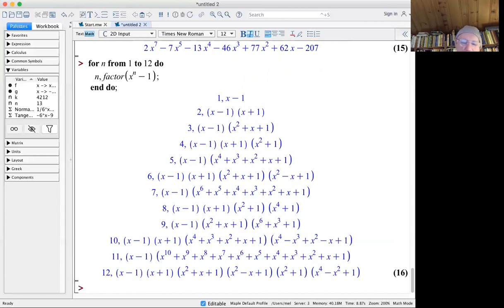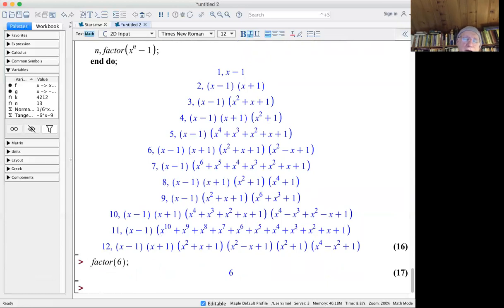Suppose I want to factor an integer. Like 6 is 3 times 2. So if I say factor 6, it doesn't factor it, because factor is the command to factor a polynomial. If you want to factor an integer, there's a command ifactor. That means integer factor.